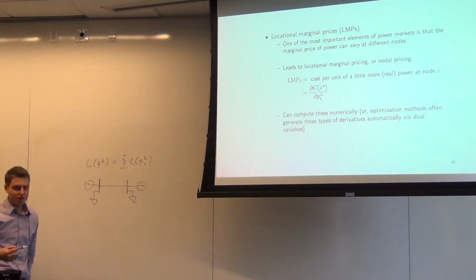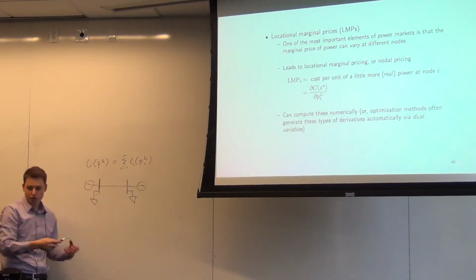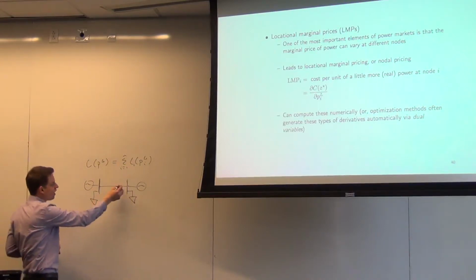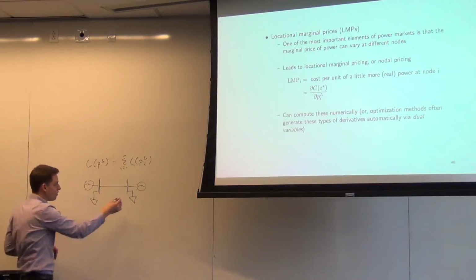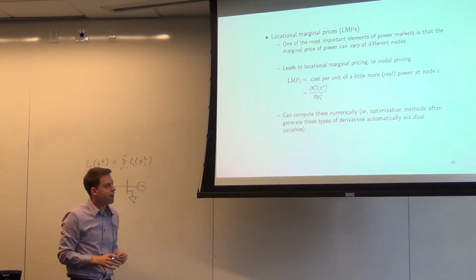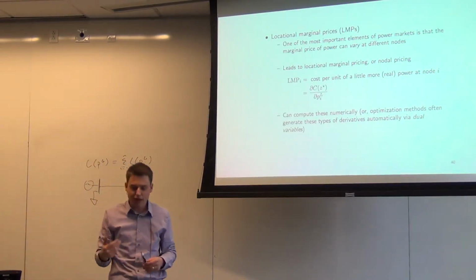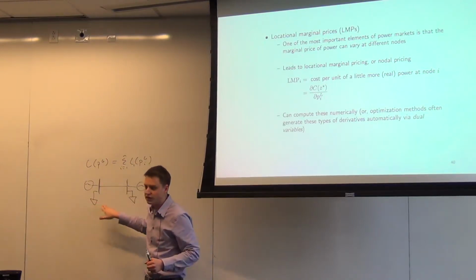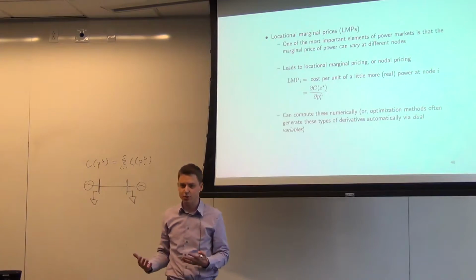The problem is that you might sometimes have to buy from a different generator, for example because this line could be congested. This one could have reached its maximum capacity. And so all these effects come into account to make the price of electricity different at different locations in this network.